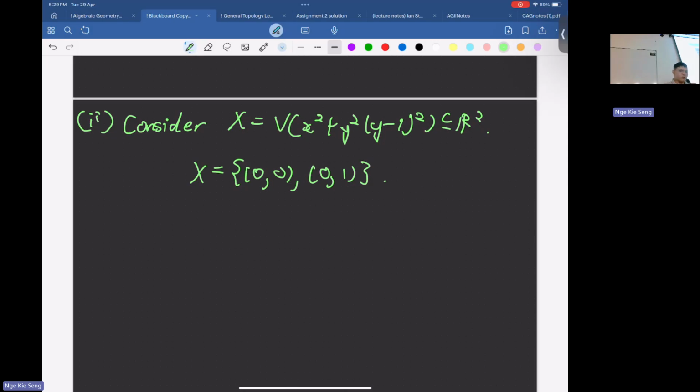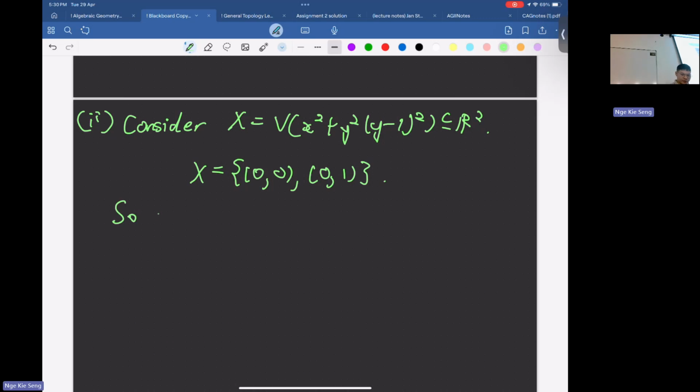In this case, (0,0) defines an affine algebraic set, and then (0,1) also defines an affine algebraic set. One of them is (x, y), and the other one is (x, y minus 1). You want these two to be 0 at the same time.